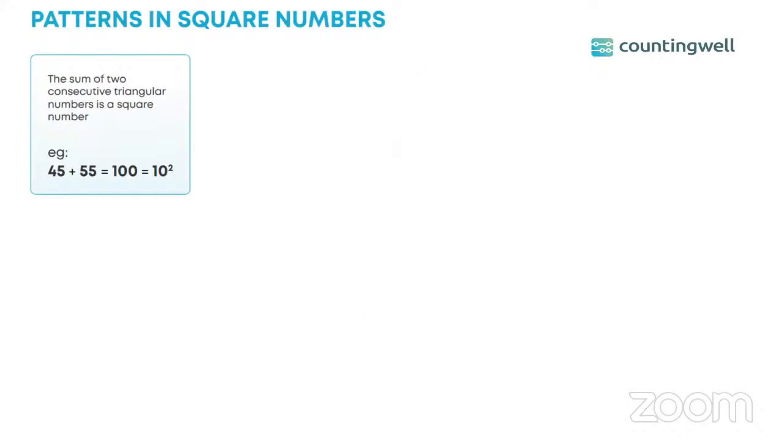Let us see what are the patterns in square numbers. The sum of two consecutive triangular numbers is called a square number. What are triangular numbers? For example, 3. You can represent the number 3 as 3 dots in the form of a triangle.